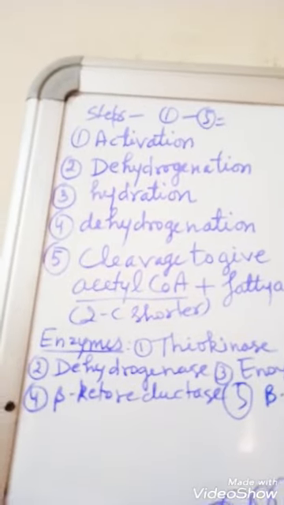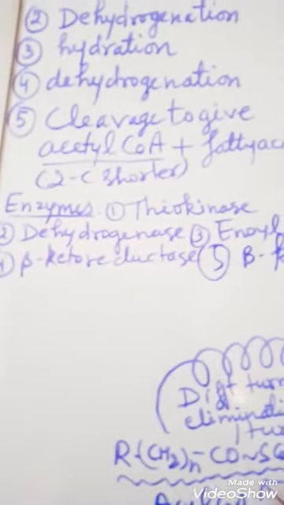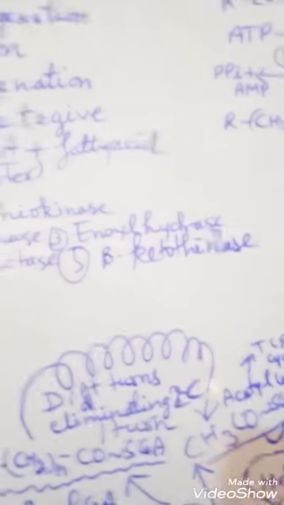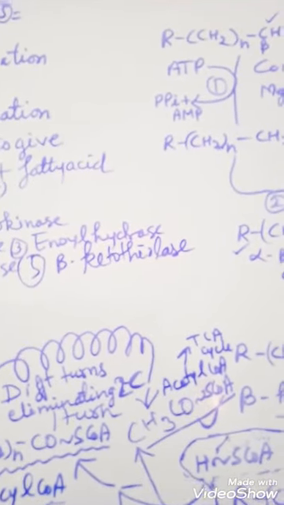So we have 5 different major steps: activation, dehydrogenation, hydration, dehydrogenation and cleavage, and the enzymes used for these steps are thiokinase, dehydrogenase, enoyl hydrase, beta keto reductase, and lastly beta ketothiolase.